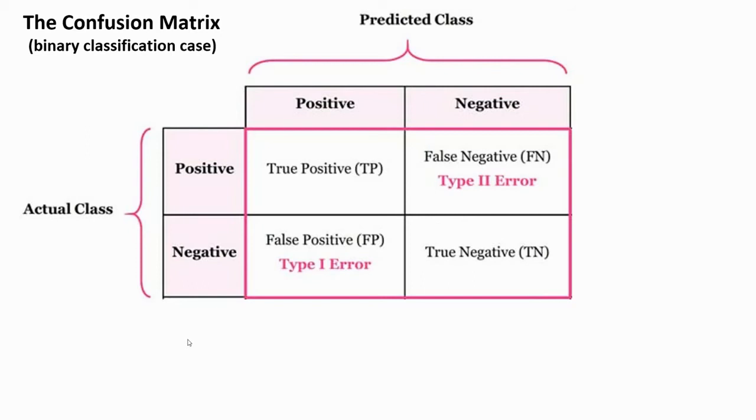Because it is not trained to call it any other color, right? It is a binary set that it has been trained on. So if my machine is able to predict that a red ball is a red ball, then it is true positive. Now if I pick up a red ball and it calls it green, then it is false negative.